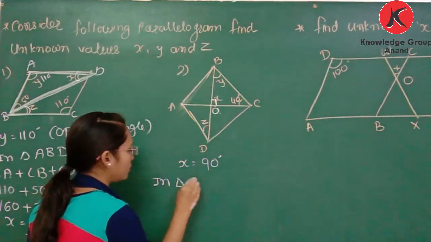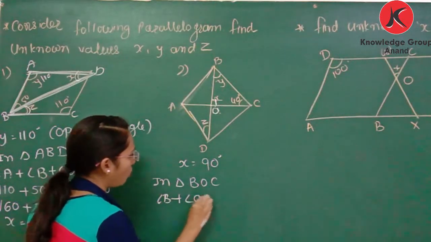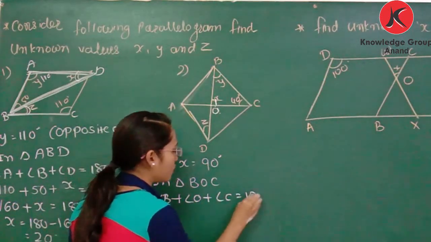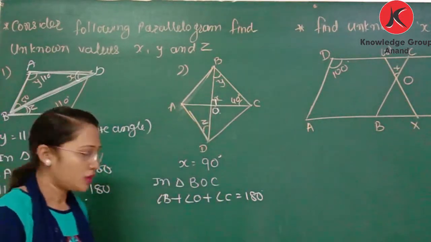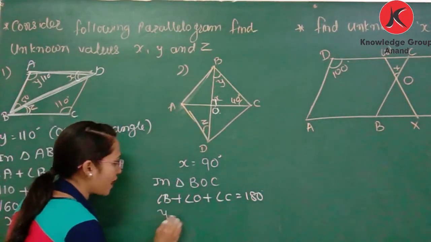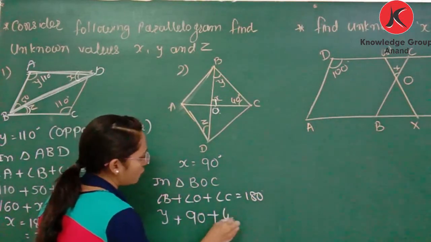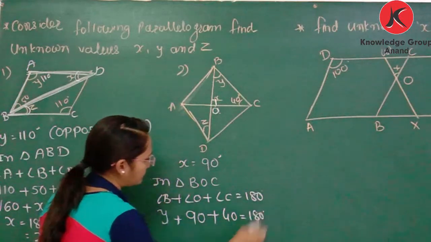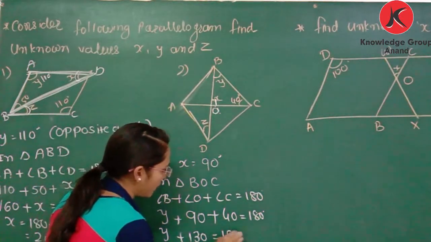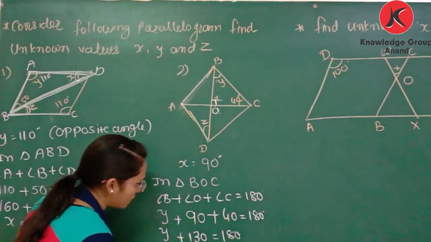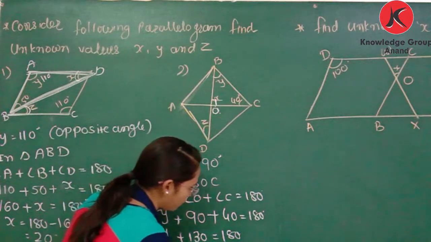In triangle BOC, angle B plus angle O plus angle C is equal to 180. Why? Because we need to find y. Now angle B, that is y, angle O is x, that is 90, and C is 40, so 180. y plus 130 is equal to 180. y is equal to 180 minus 130, that is 50.